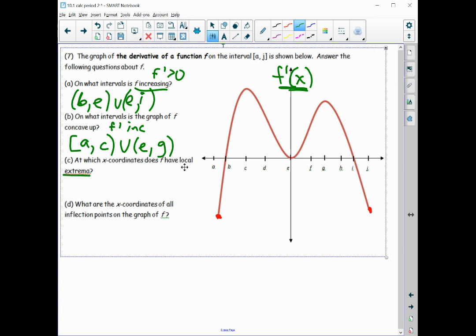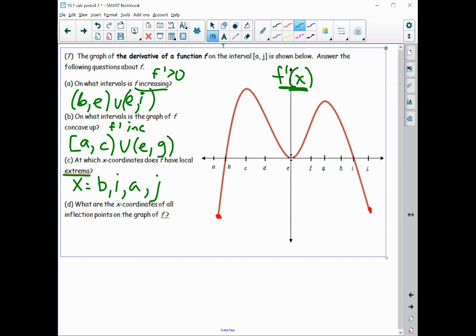If I'm looking for local maxes and mins on F, I have to be looking for zeros on F prime or endpoints. So I'm going to say B, I, A, and J.